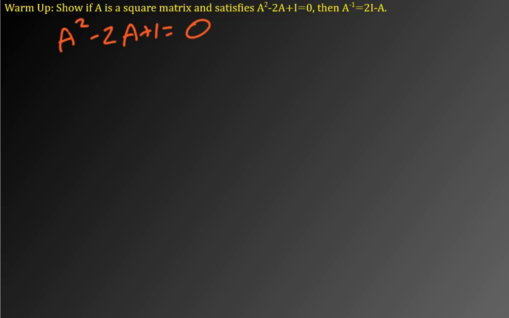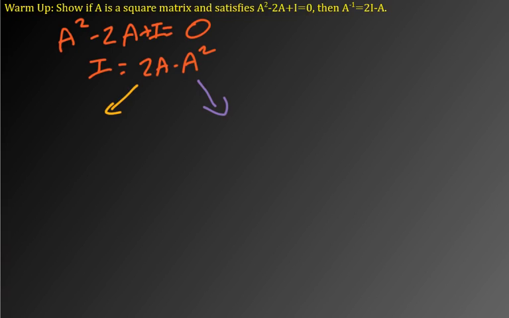Given that, you could move some things to the other side. I wanted to move everything but I, so I would be equal to 2A minus A squared. And now you can do two things. Maybe I'll color code this.